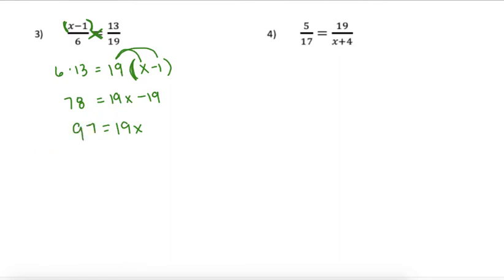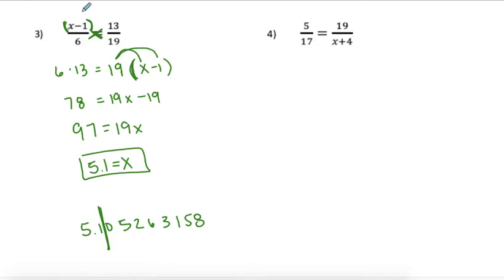I get 97. Divide both sides by 19, and I am using my calculator. I didn't know this one right off the bat. So this is 5.105263158. Round to the nearest tenth, so I look here. 0 doesn't bump this up, so I would just leave it as 5.1.